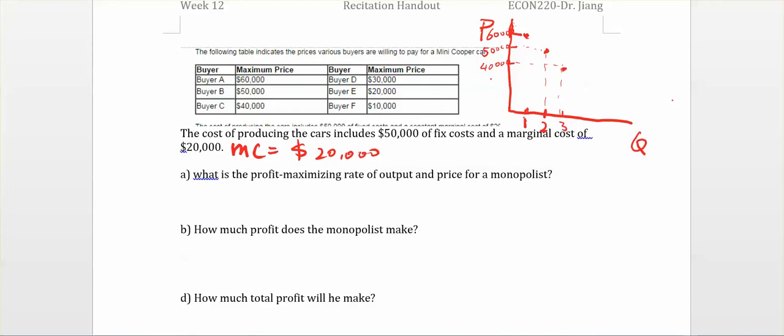And when the market price is $30,000, we can find A, B, C, D, all 4 consumers can afford it. So we have 4 as our demand. If the price is $20,000, A, B, C, D, E, 5 consumers can afford it.